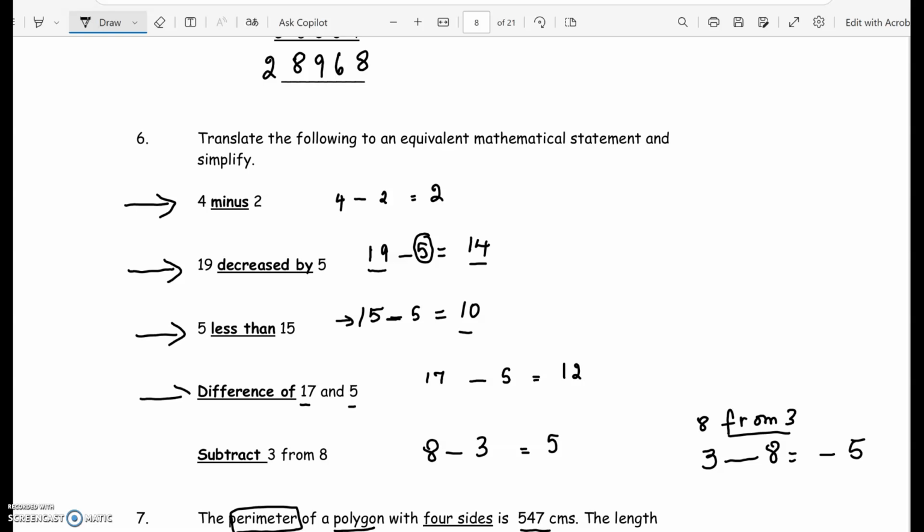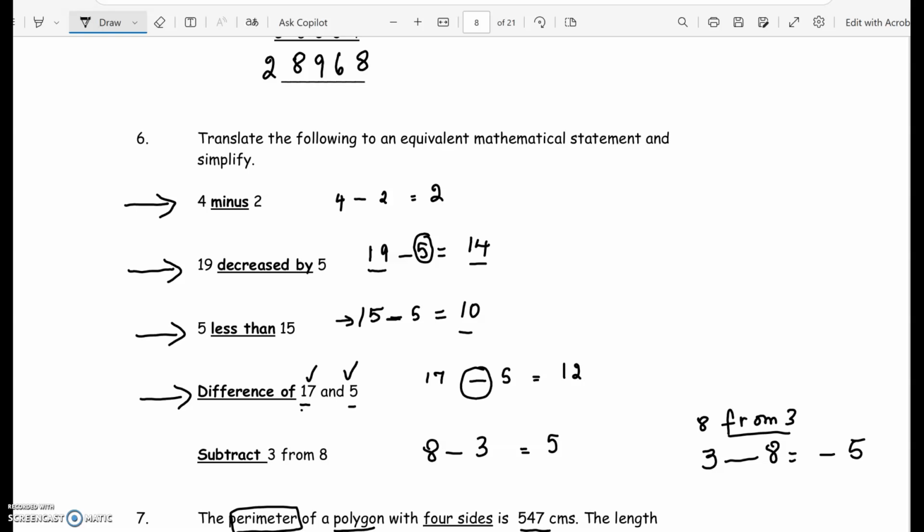The difference of 17 and 5, we discussed this in part 1. If you use the term difference, then that suggests subtraction, but you have to be careful. 17 comes first and then you subtract 5 from it, because 17 in the sentence appears first, the difference of 17 and 5.